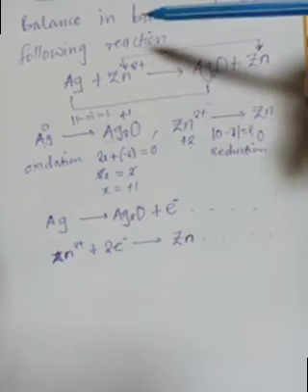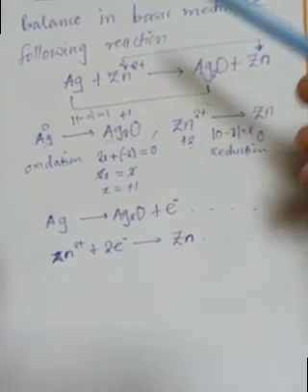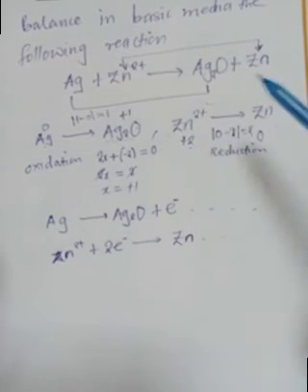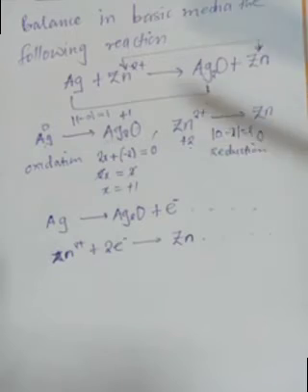Okay, so we've tried to split these reactions into half reactions. Remember, we're trying to balance in basic media. The process is just one and the same like what we have been doing in acidic media. The only difference is that at the end of acidic media, to shift from acidic to basic, you have to add the number of hydroxide ions based on what have been given as the number of hydrogen ions on both sides of the reaction that we combined at the last point of balancing in acidic media.